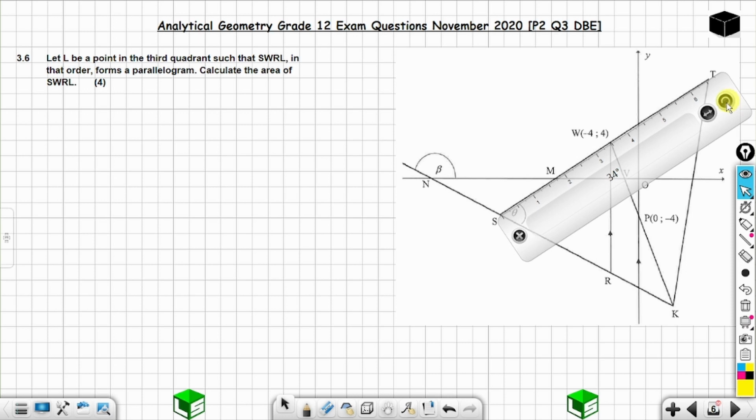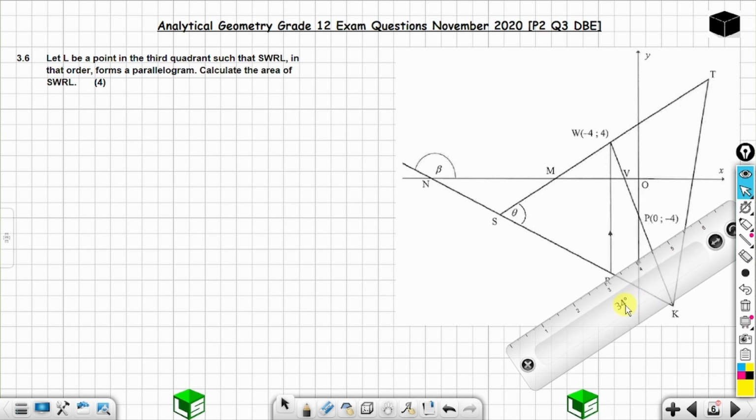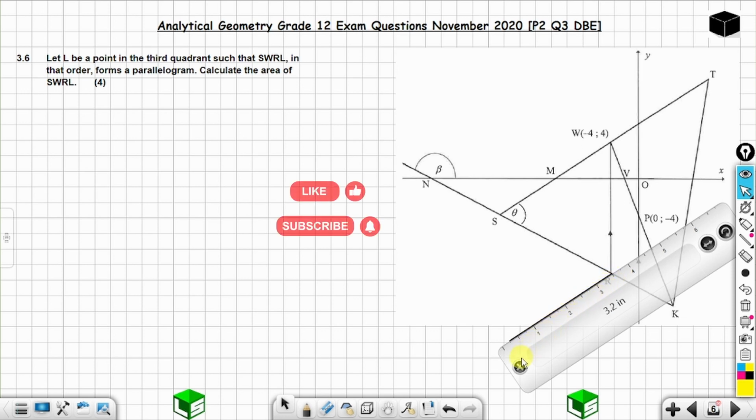So we have to draw another parallel line, okay. So I'm going to have another line starting from there. It must be 3.5, like this, because this is 3.5.